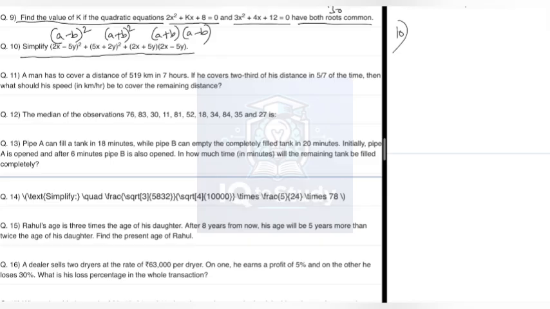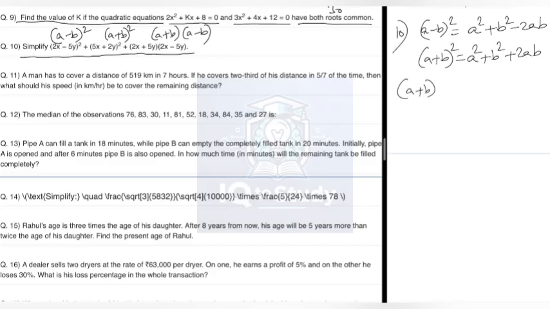We know that a minus b whole square is a square plus b square minus 2ab, and a plus b whole square is a square plus b square plus 2ab, and a plus b into a minus b is a square minus b square.